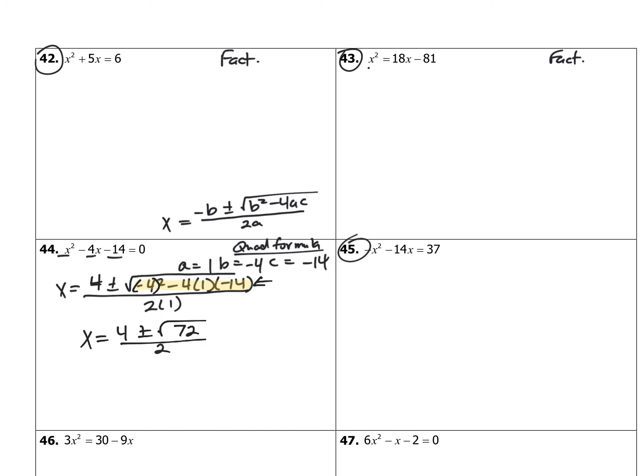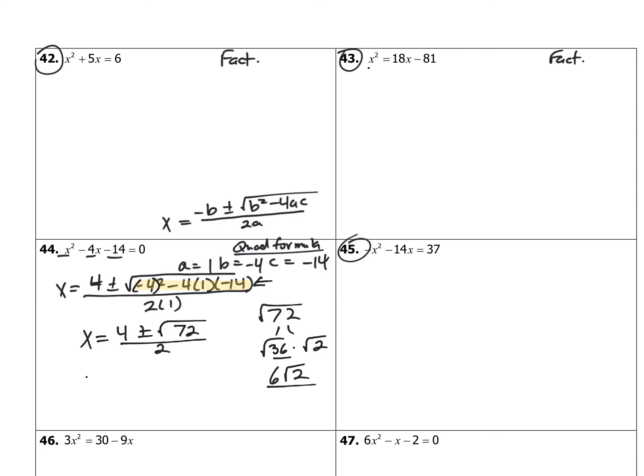All right. Now, I happen to know that the square root of 72, it's not a perfect square, unfortunately, but it can be simplified. This is an irrational number. It can be simplified to the square root of 36 times the square root of 2, because 36 is the largest perfect square factor of 72. And the square root of 36 is 6 times the square root of 2.